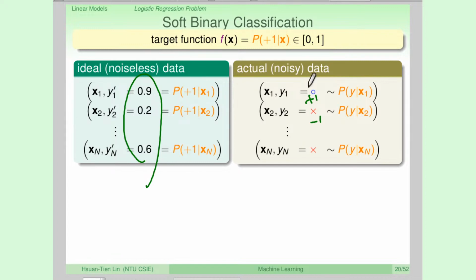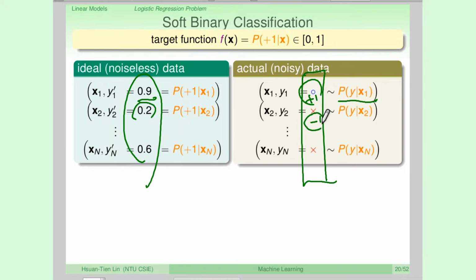Starting from this kind of data, which is assumed to be generated from the distribution. Note that for this particular distribution, for example, you see this is of value 0.9 and we can get positive 1 with a high probability. This is of 0.2, so we can more easily get a negative 1. That's fine.